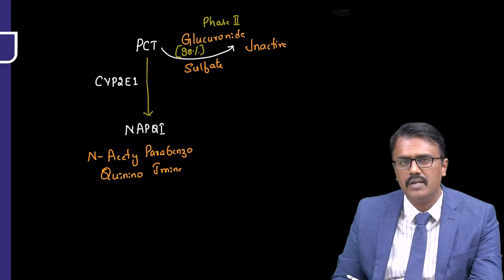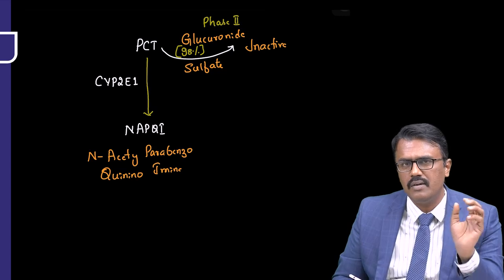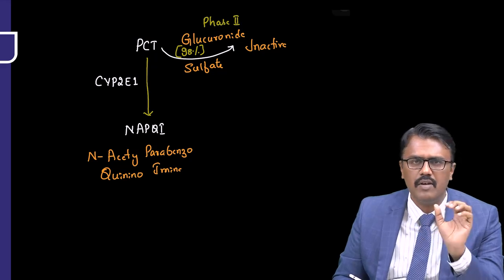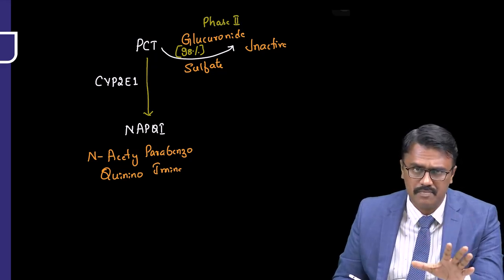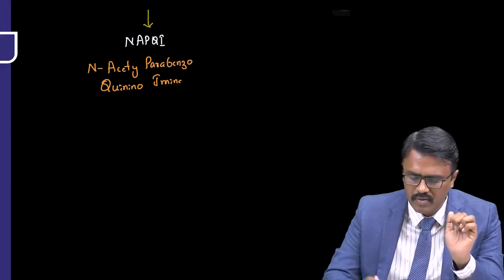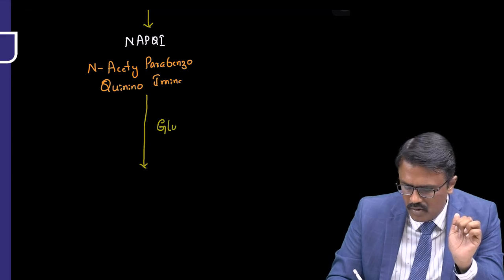Now NAPQI is toxic to the liver. Why is it toxic to the liver? Wherever it finds the proteins of the hepatocytes, there it will go and bind and damage them. But when we take paracetamol, nothing happens, because whenever the NAPQI is generated, we have in our body glutathione.